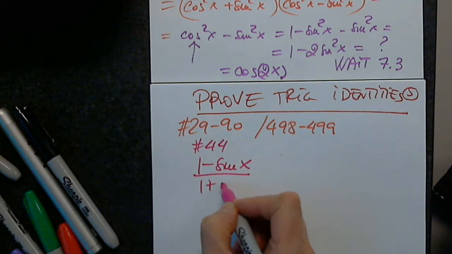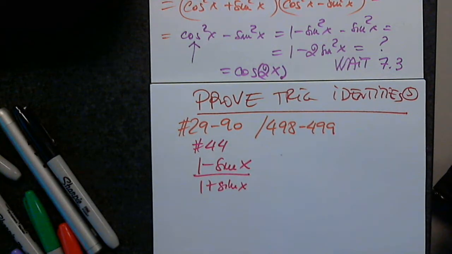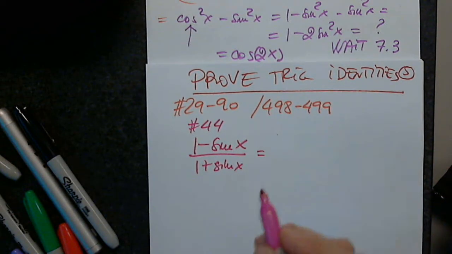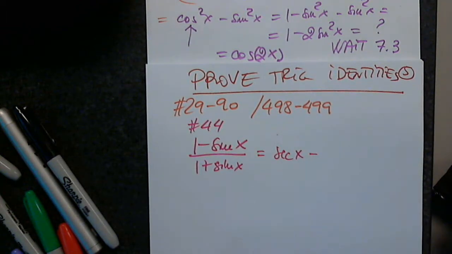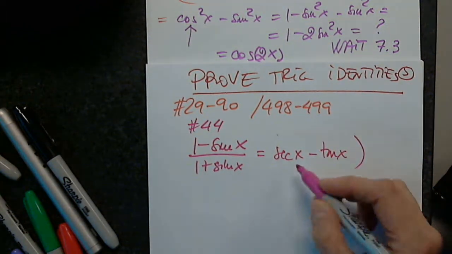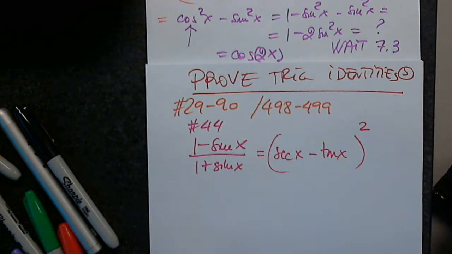1 minus sine x over 1 plus sine x. They claim equals, we can do 29 of course, secant x minus tangent x, everything squared. So one more time, this is not a tricky question. This is an identity. I just have to show that I can start from the left and show that it equals the right, or I can start on the right and show that it equals the left, or I simplify both sides to the same quantity.